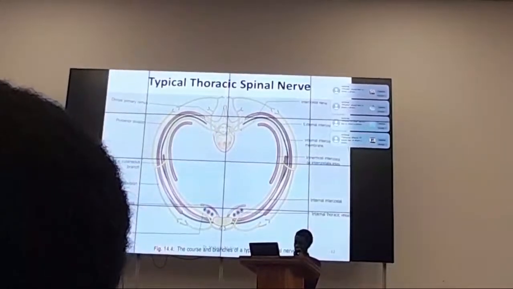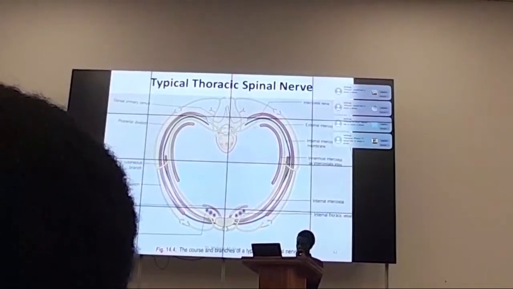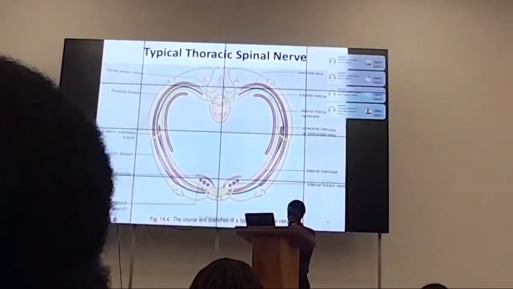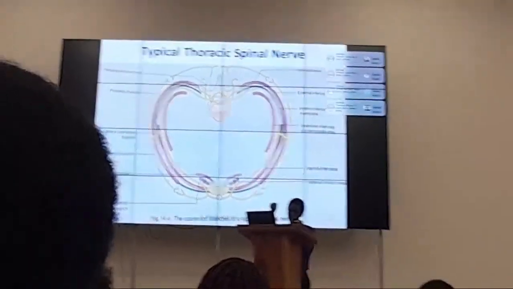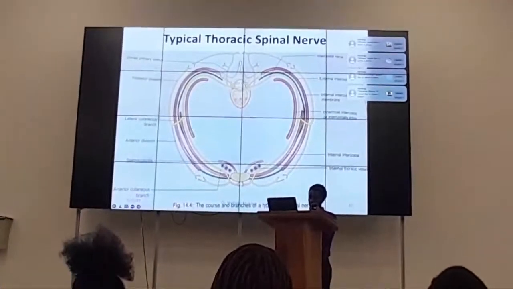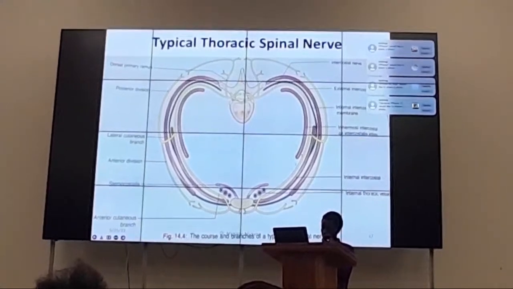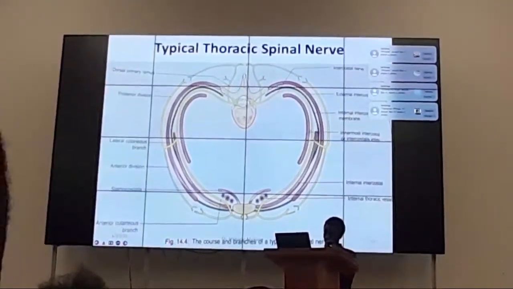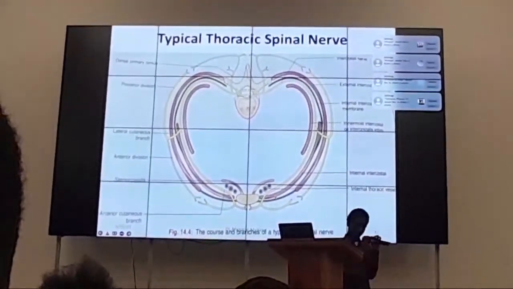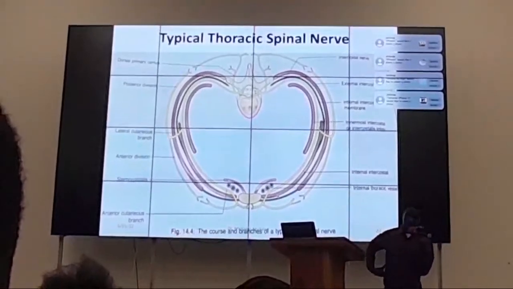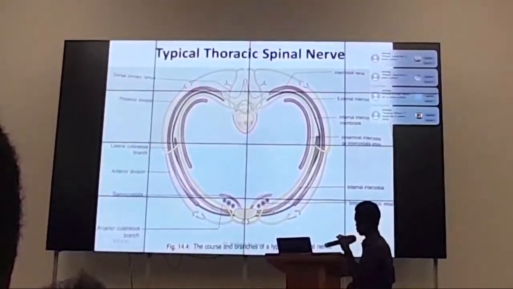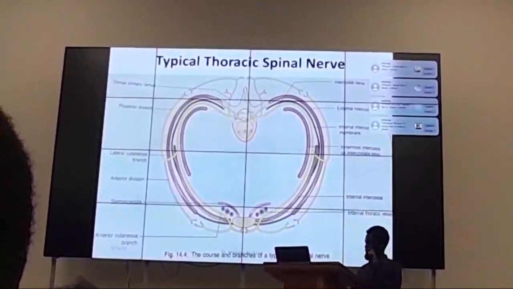Then we have the ventral primary ramus. Now this ventral primary ramus is basically the intercostal nerve, which comes now to divide into lateral and anterior branches to supply these structures. Okay, so that's that.